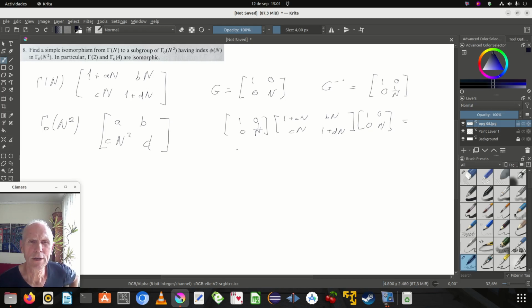Well, this is a similarity transformation, so it's a homomorphism. So let's see what the image is of it. And we multiply the 2 to the right first. Oops, the first one. So maybe we should have n up here, so that Cn will be multiplied by n.